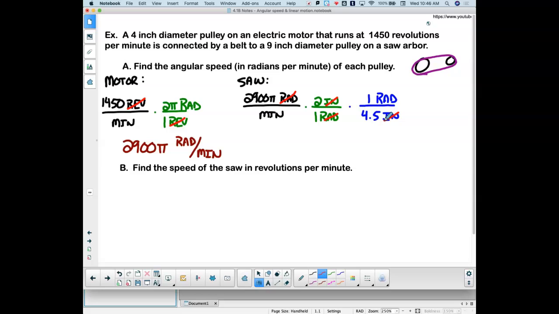So, do some math here. 2900 divided by 4.5. Yeah, that's not going to work. And then times 2. Yeah, that's not going to be a good fraction. All right, so what do we got on that one? So that's going to be, so this is 2/9 here. Yeah.